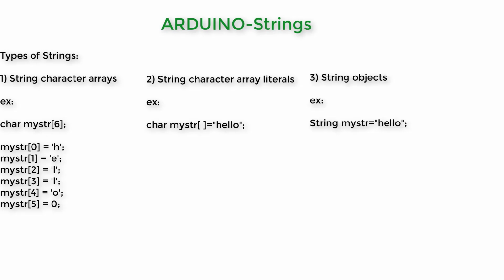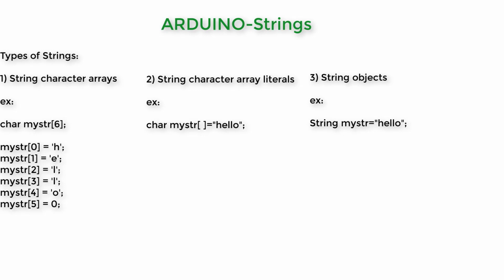Number 3, string objects. Let us see what an object is. An object is a representation of a logical construct that contains both data and functions. A string object can be created just like any other variable and be assigned a value or a string. The string object contains functions, properly called methods in object-oriented programming concepts, which operate on the string data contained in the string object.